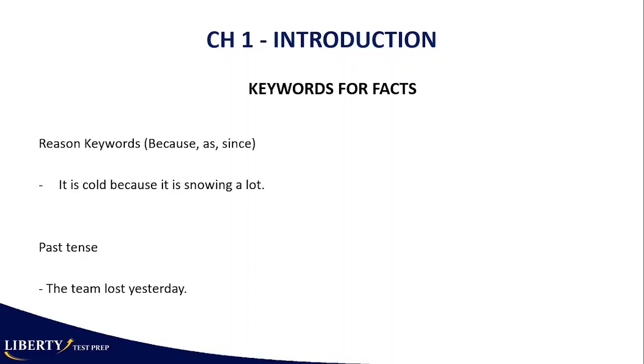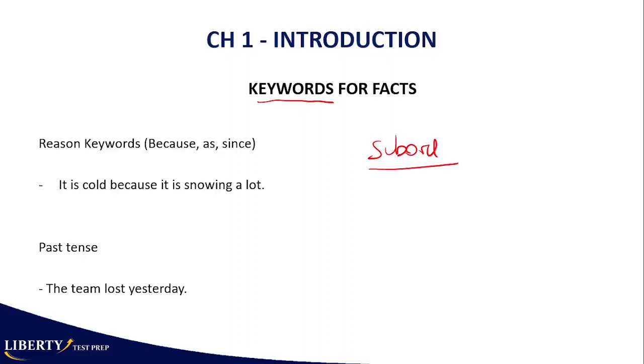So here we're gonna see some tips and tricks in order to identify facts and opinions really quickly, okay? So there are some keywords for facts. If you are watching this lesson, I expect that you already watched the lesson for sentence correction. So you know there are some words called subordinators, right?